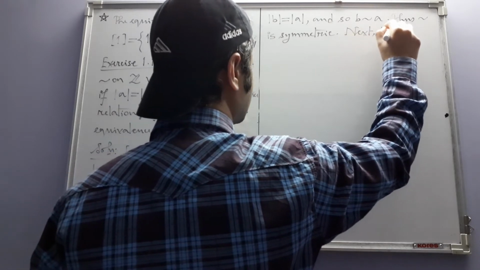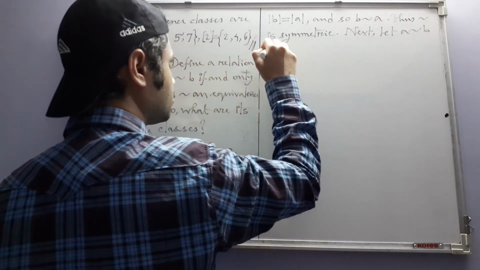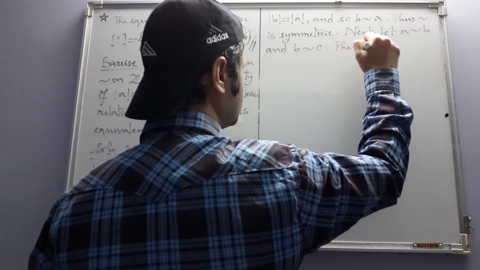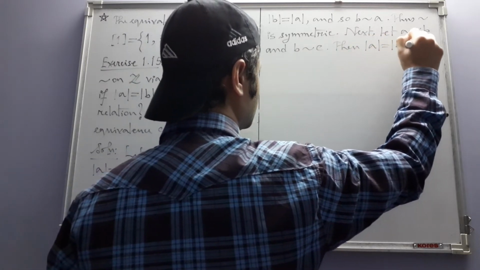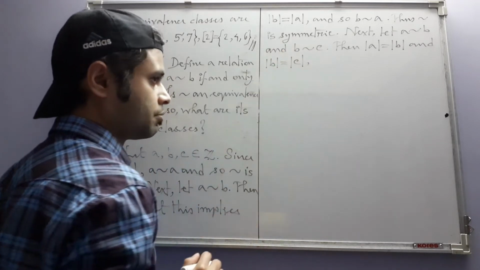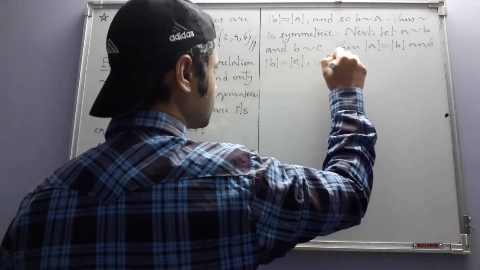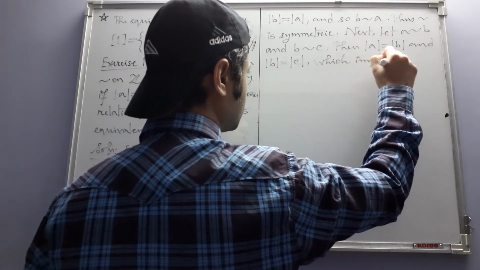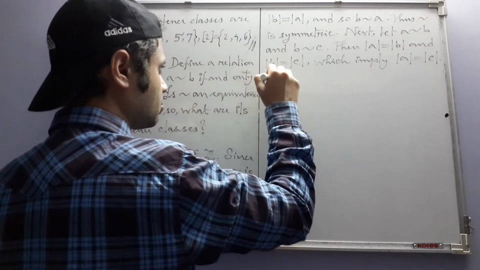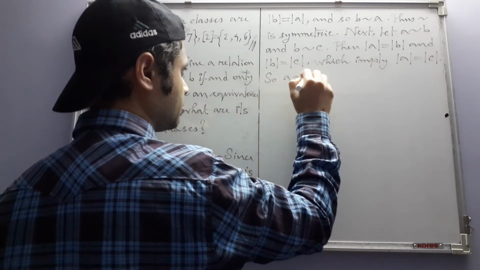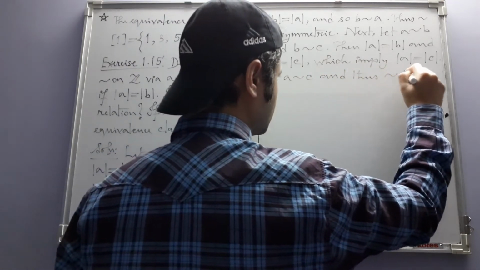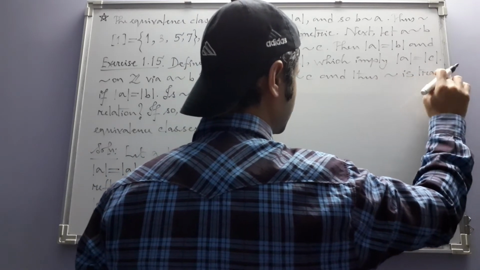Next, if A is related to B and B related to C, then this and this, which imply, so from this last equation A is related to C and thus this is transitive.